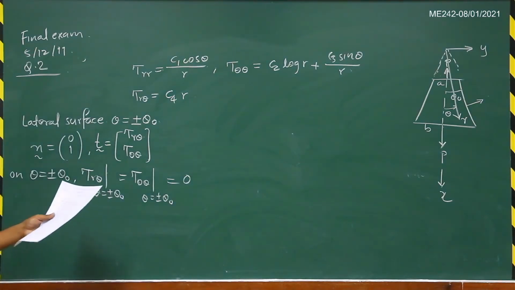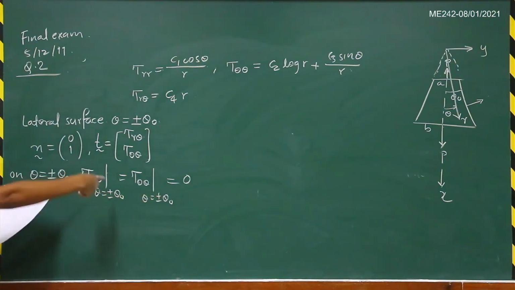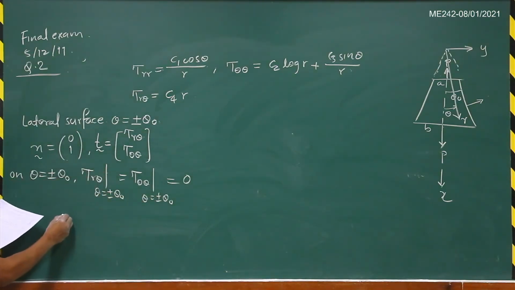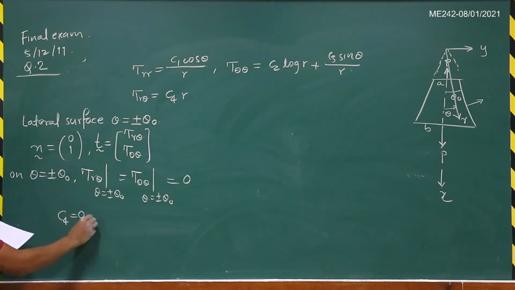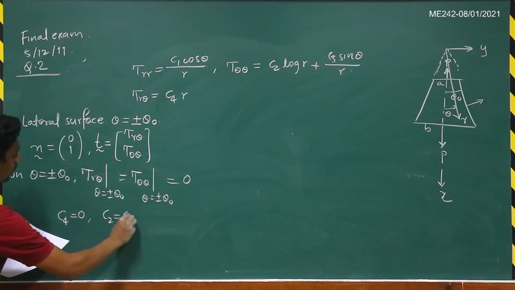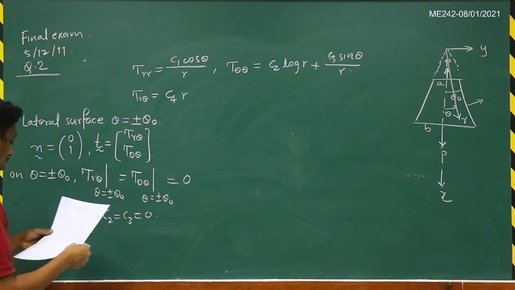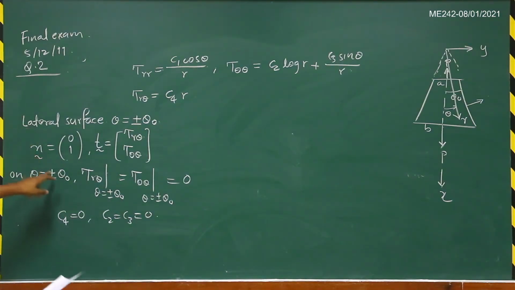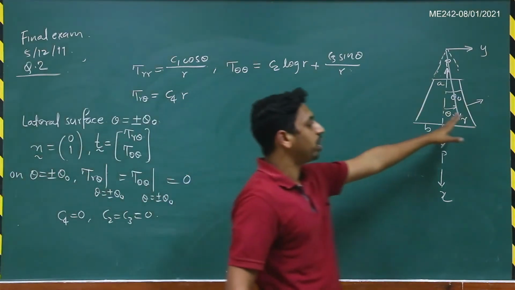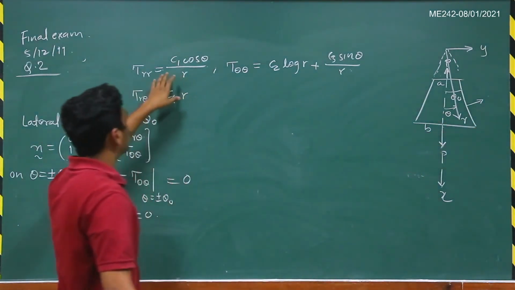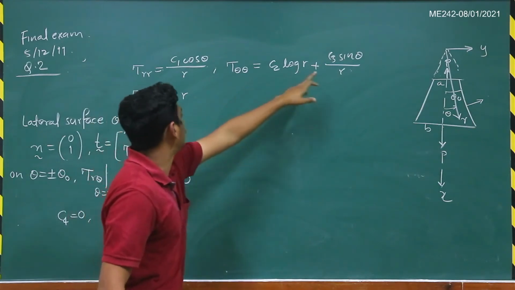So we have got these boundary conditions. By solving these, I will just write the answer. We will get C4 to be 0, C2 and C3 to be 0. So we will have only one constant to be determined, which is C1. So from the traction free boundary conditions alone, we will be able to find C2, C3 and C4.